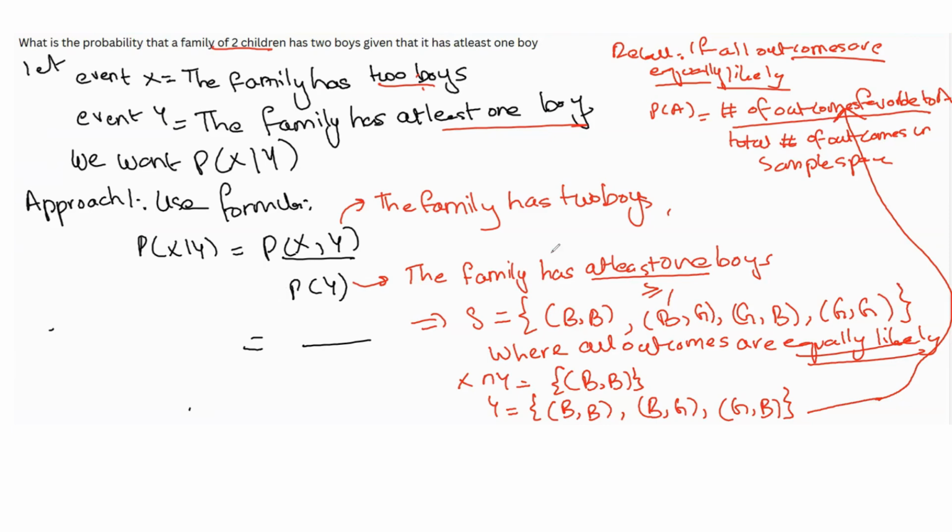Because we have equally likely outcomes, we can find the probability of X intersection Y and Y by taking the number of outcomes in each event divided by the total number of outcomes in the sample space. Remember, this formula only works when you have equally likely outcomes.